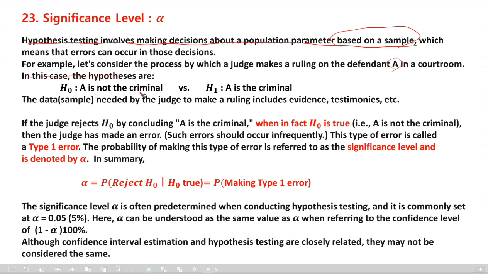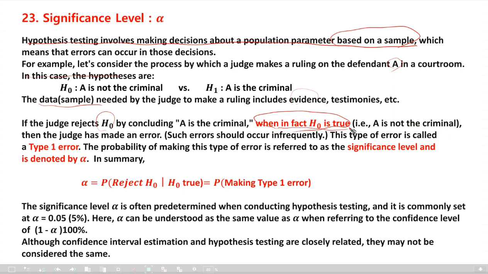H0: A is not the criminal. H1: A is the criminal. The data sample needed by the judge to make a ruling includes evidence, testimonies, etc. The judge rejects H0. Rejecting H0 means concluding A is the criminal, when in fact H0 is true, A is not the criminal.